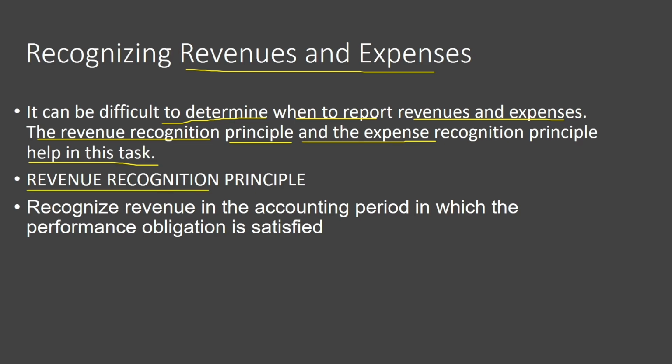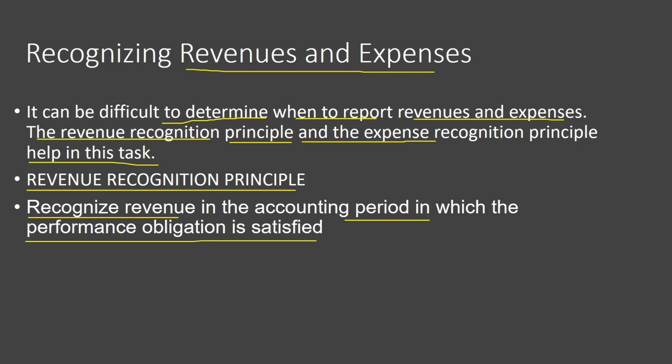The revenue recognition principle tells us to recognize revenues in the accounting period in which the performance obligation is satisfied. When the obligation is satisfied, then we will record the revenue. So what does it mean?